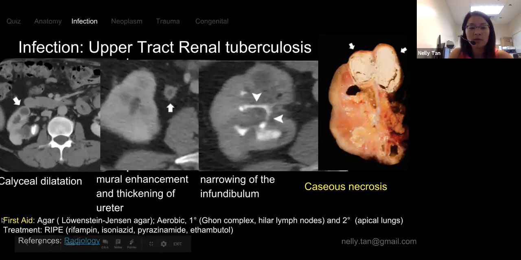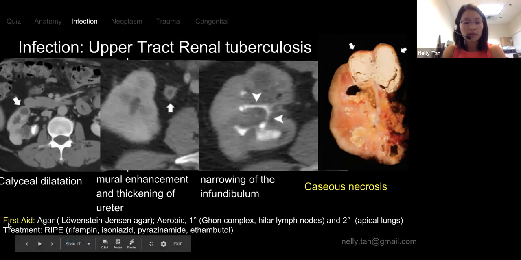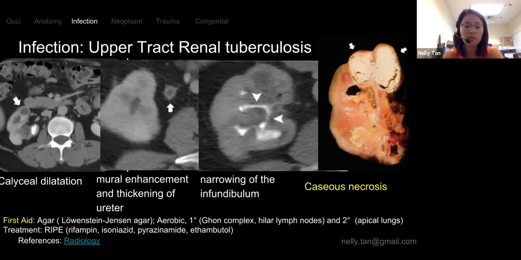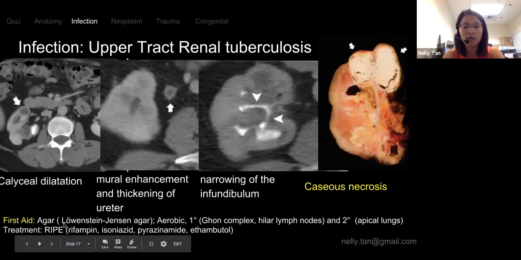I'm going to have these yellow markers where I take material from First Aid, things that you should know, and it's going to be repeated so that hopefully the multiple repetition will help put this information into your long-term memory bank. The agar you need to use is Lowenstein-Jensen. It's an aerobic bacteria. There's two forms, primary and secondary TB.